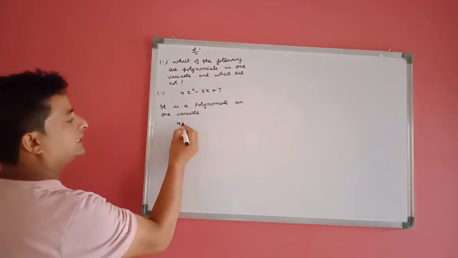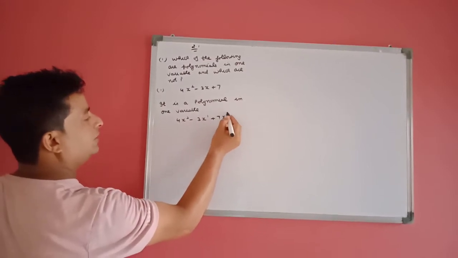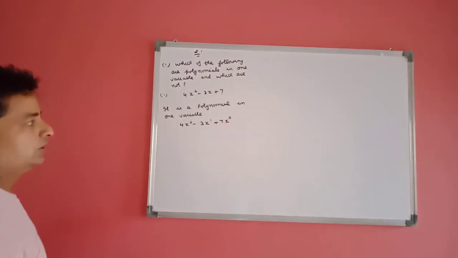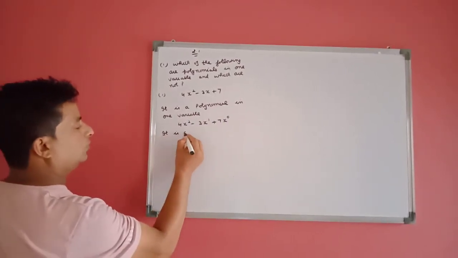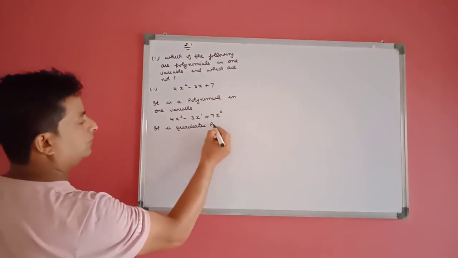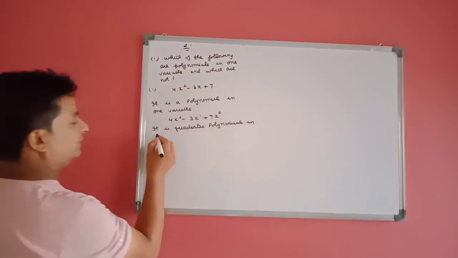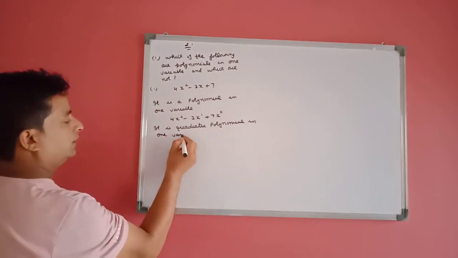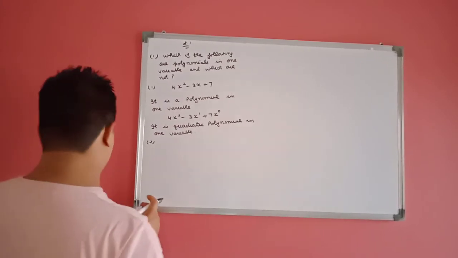We write it as 4x square minus 3x power 1 plus 7 into x power 0. So it is a quadratic polynomial in one variable.